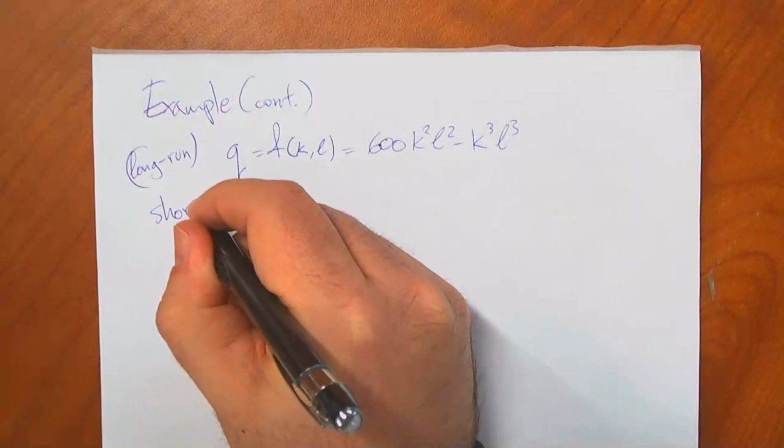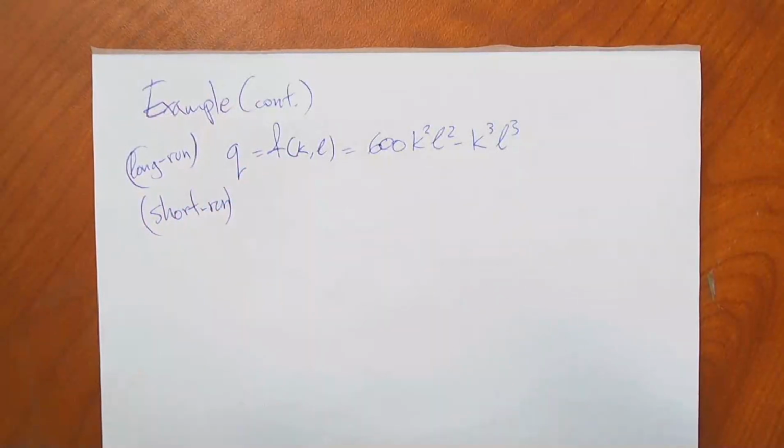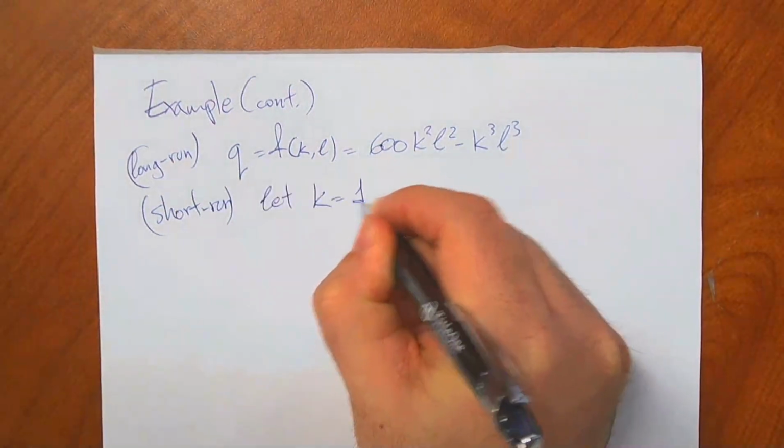And if you wanted to do short run, you need to pin down one of the inputs to a specific amount, right? I have 1 unit of capital, 10 units of capital, 500 units of capital, and I can't change that in the time period that I'm thinking about. So we said let K equal 1.